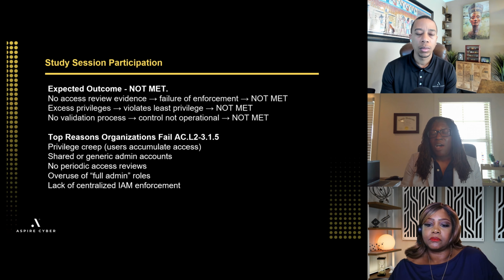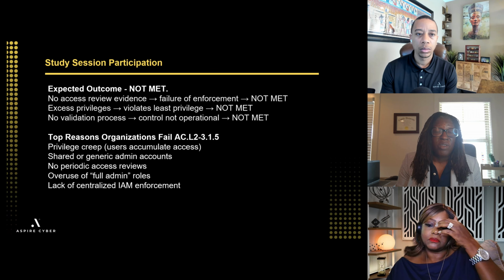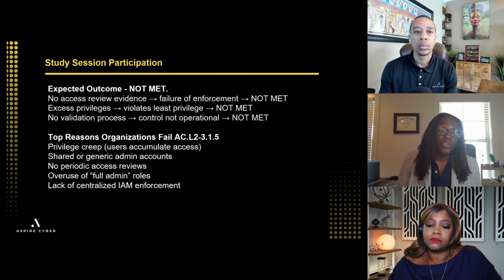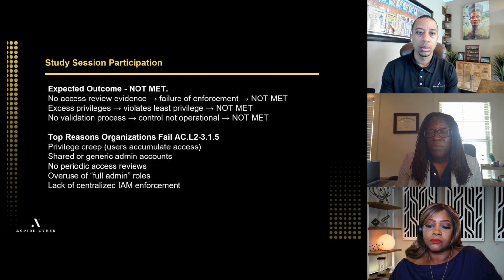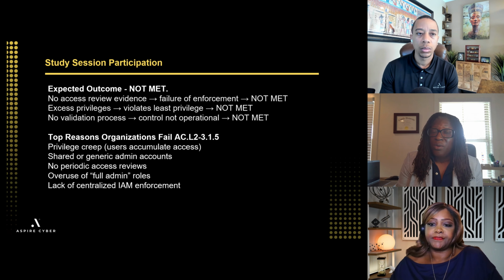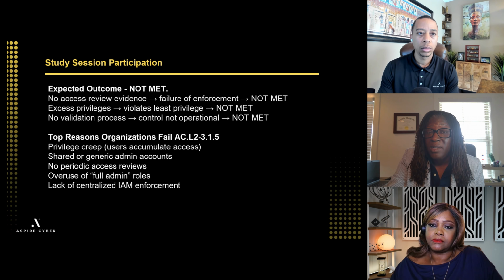But one of the top reasons that I noticed organizations fail or get a not met on the access control of least privilege is privilege creep. That's one of the main culprits. What does that look like? Remember, excessive access across multiple applications, multiple systems. Also, organizations fail to deprovision access that has already been granted. They also have shared access.